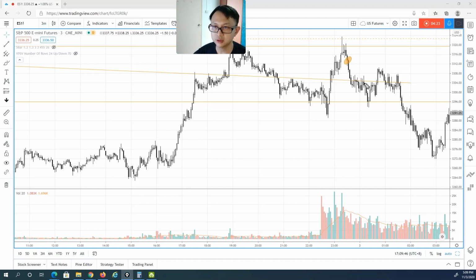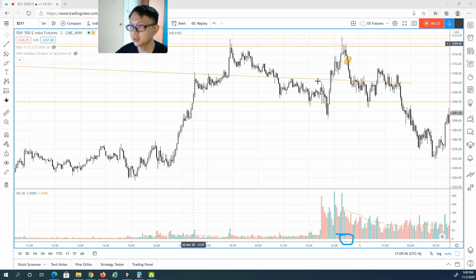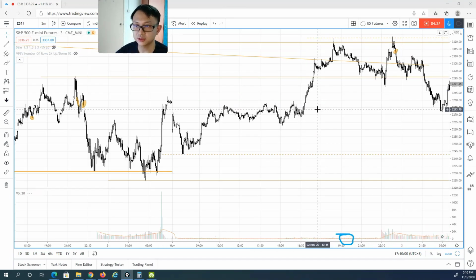I spotted this trade, but I did not take it. Let me walk you through it, because I think that's definitely a very decent trade, and it's based on a trend reversal in the 3 minutes time frame.